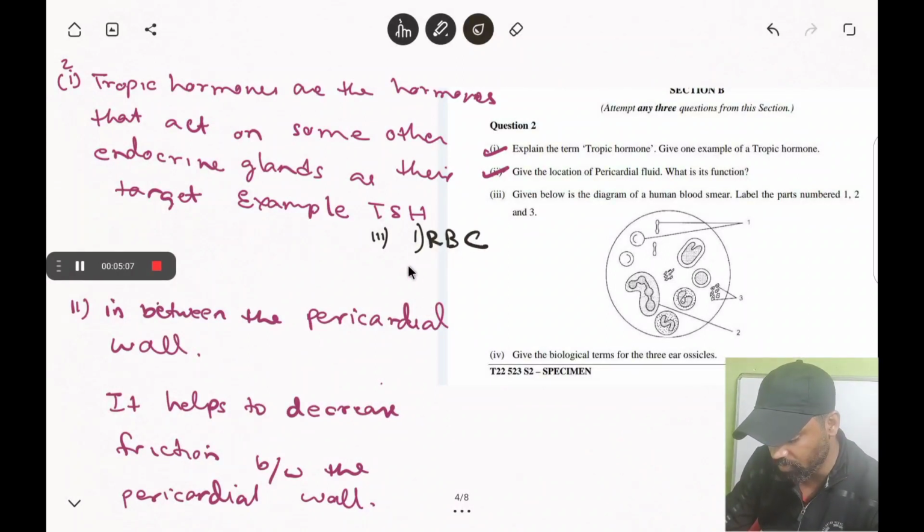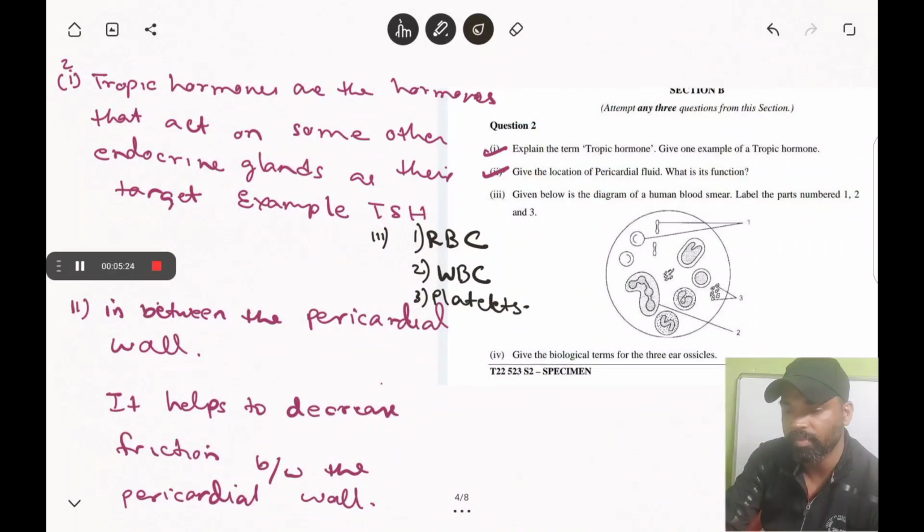The second one is WBC, white blood cell. And number 3, the smaller one, platelets. So this is my marking. Done. Now let us look at the next question.